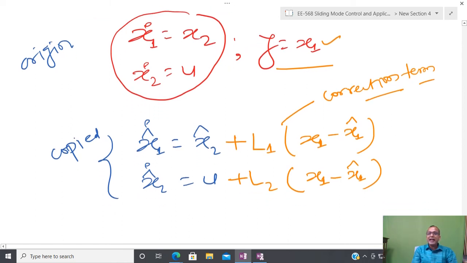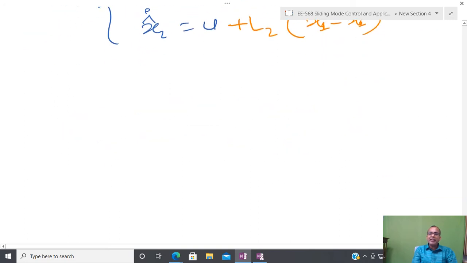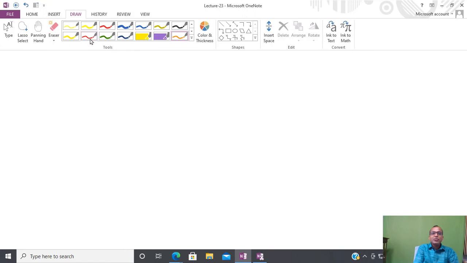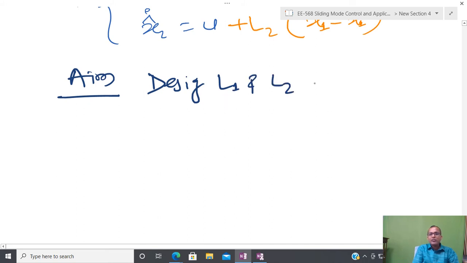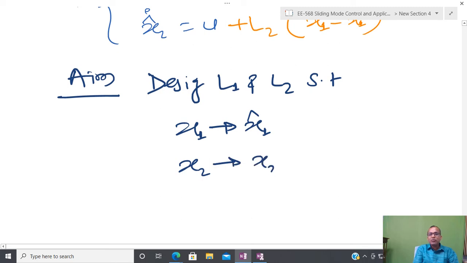Now, after that, what is our aim? Our aim is to design the correction terms. The aim is basically to design L1 and L2 such that I can guarantee that x1 tends towards x1 cap and x2 tends towards x2 cap.